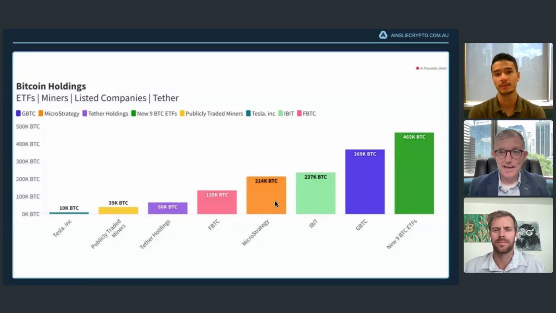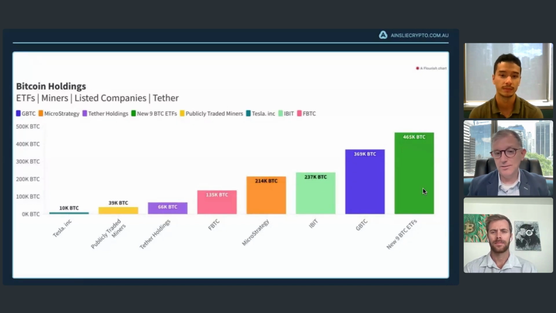Even though we all love what Michael Saylor does, and he's done a lot for the industry as a whole, there is a risk that all that Bitcoin being tied to a company that doesn't have the same restrictions as ETFs could create problems in the future. So the smaller that bar is probably actually healthier for the ecosystem as a whole. Would you agree with that?